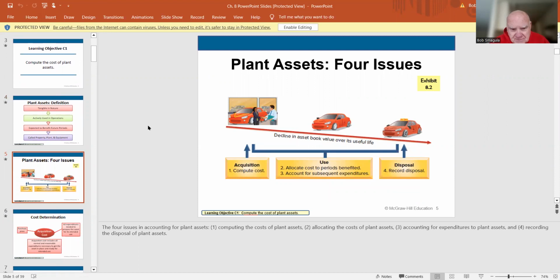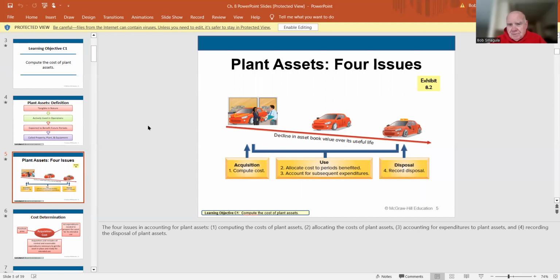Plant assets. The cost of the asset might be just part of the total capitalization. For example, you buy a machine for $1 million, say, and that machine has to be transported across the country to your store or factory.